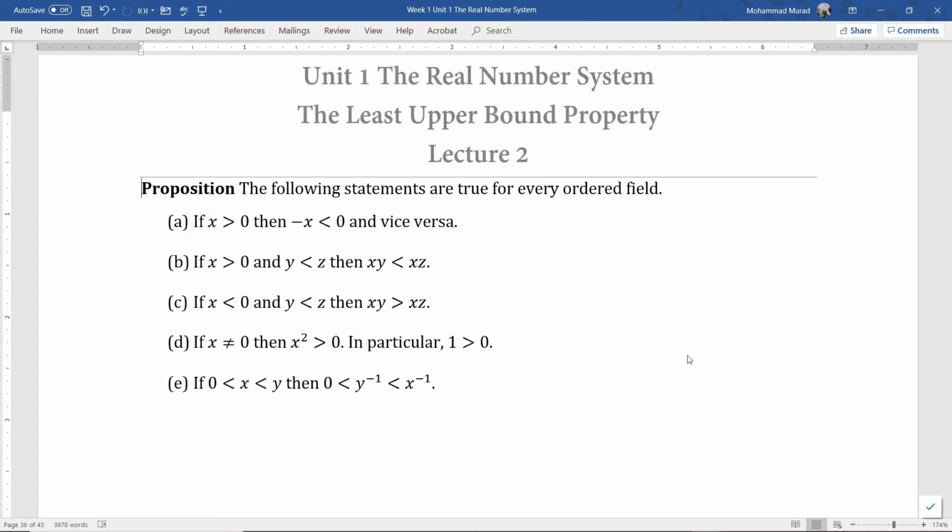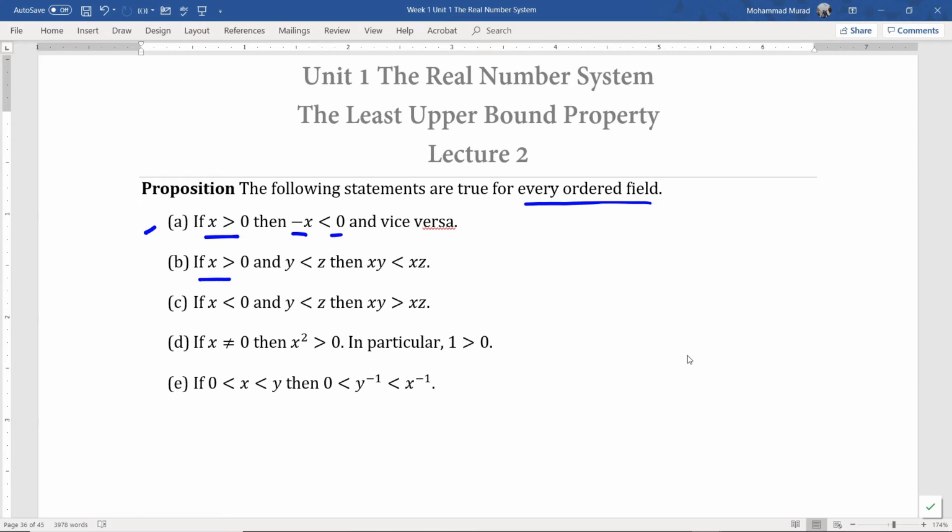Proposition: the following statements are true for every ordered field. Namely, A. If x is positive, then negative x is negative, and vice versa. It means if negative x is negative, then x must be positive.